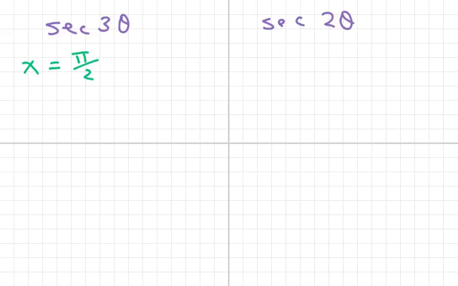So let's do a couple more. Let's try secant of 3 theta and secant of 2 theta. And all we're looking for is asymptote lines. So we know for our parent function, it is pi over 2 and 3 pi over 2. All we're going to do is take these and divide by 3.